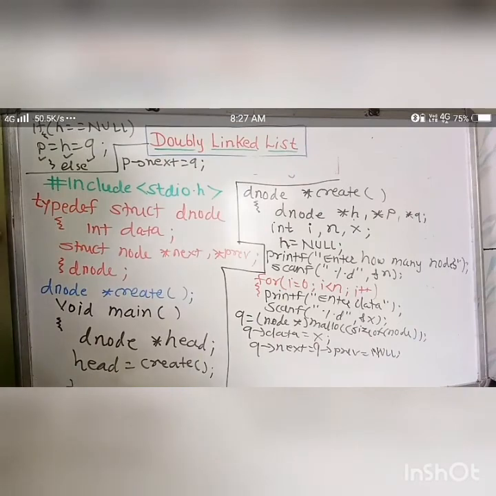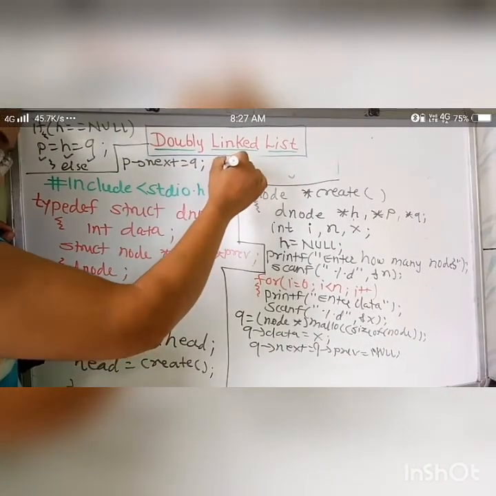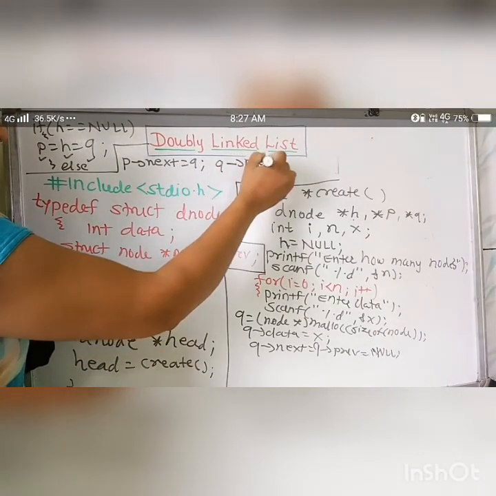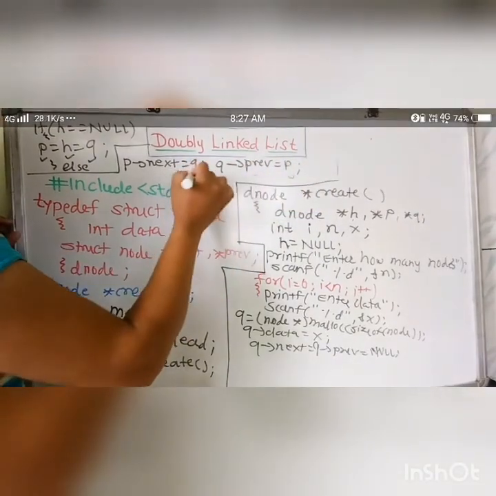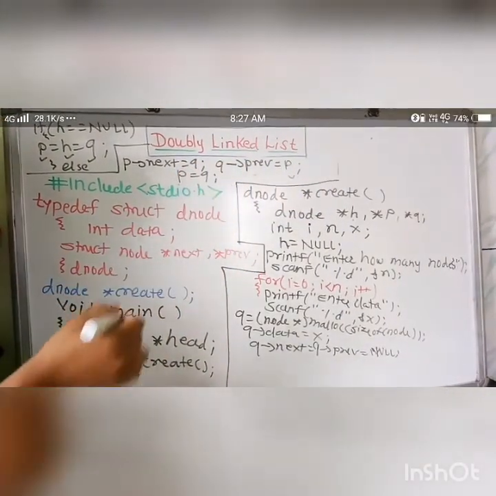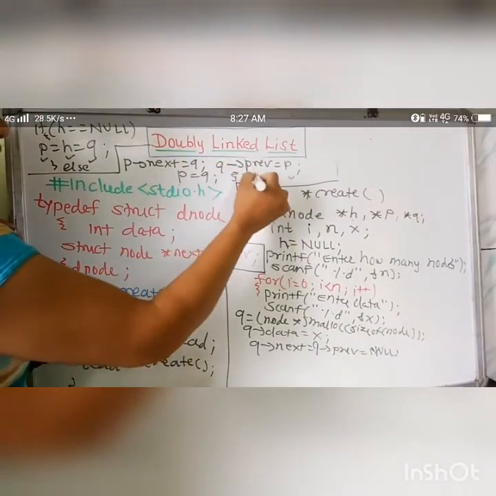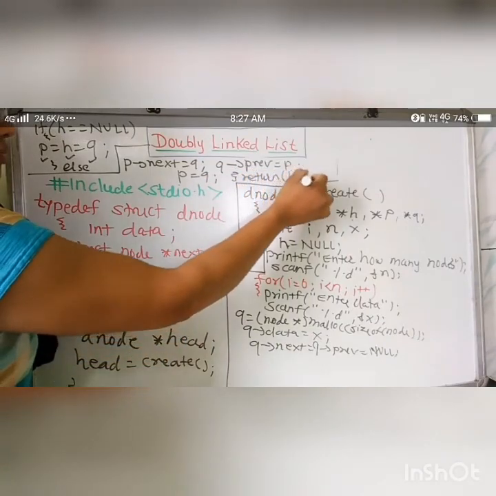Then we will attach q to the previous node, means q pointer previous equals to p, and simply placing p equals to q and return h.